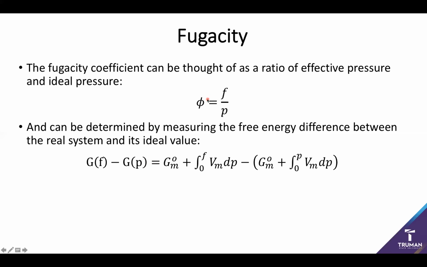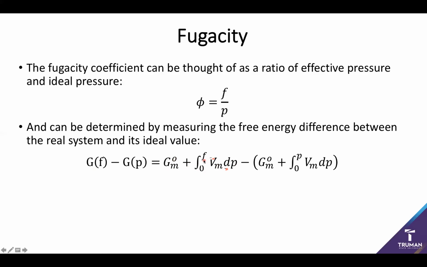So it's not too surprising that our fugacity coefficient will be related to essentially the free energy of our actual species and the free energy of the species if it was ideal. So the free energy of the species under these non-ideal scenarios would essentially be the free energy of the species at 0 bar plus the integral from 0 bar to the actual measured fugacity of the system with this simple equation.